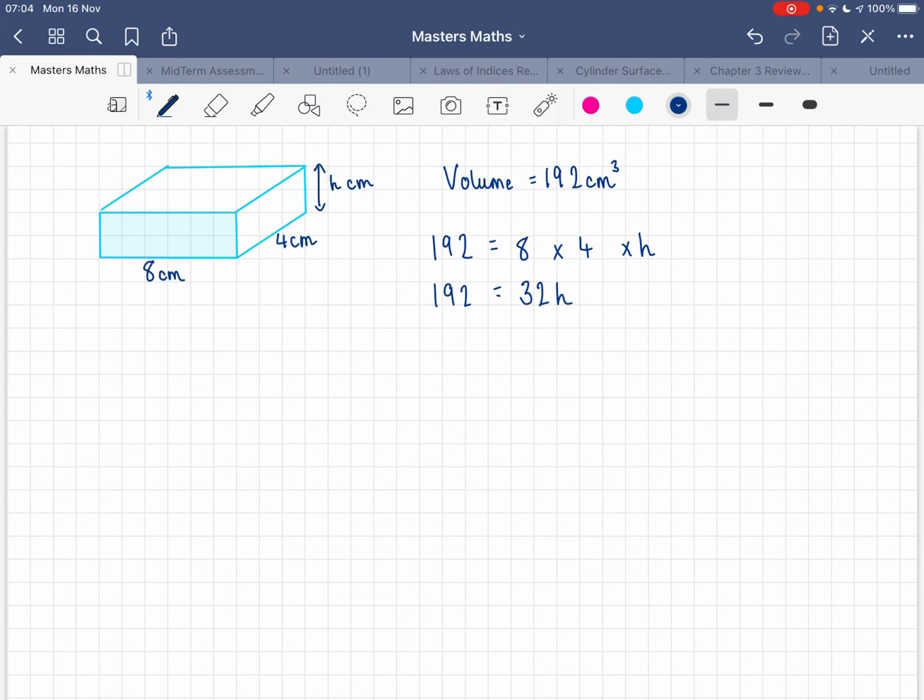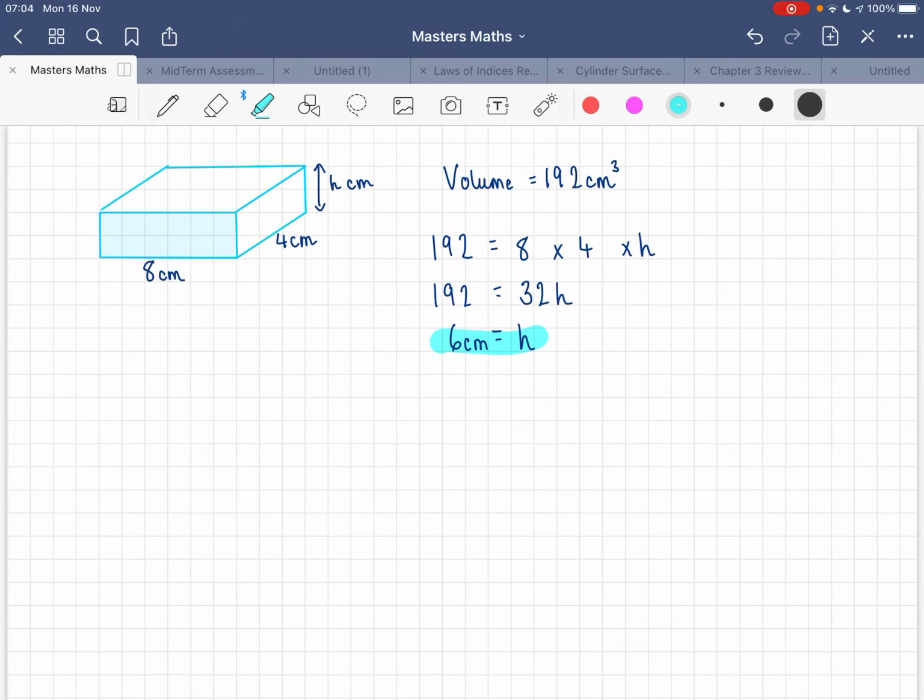It's just solving an equation. We need to divide by 32 to get what the height is. So 192 divided by 32 is 6. So the height has to be 6. That would be centimeters because it's just a length. And that's the answer.